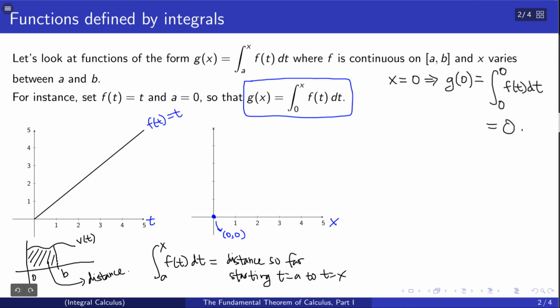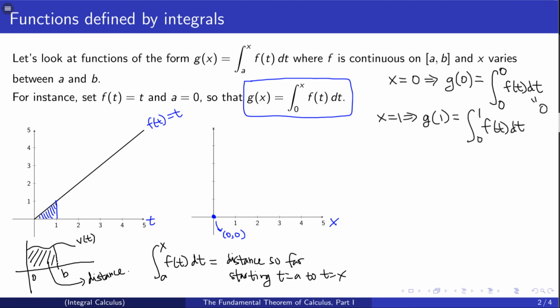Okay, so how about at 1? So let me make some space here. So this is equal to 0. When x is equal to 1, now you're plugging x equals 1 into this integral. And, well, what do we have here? This is just the area under f of t and above the x-axis from 0 to 1. So in our graph here, it's whatever this area is.